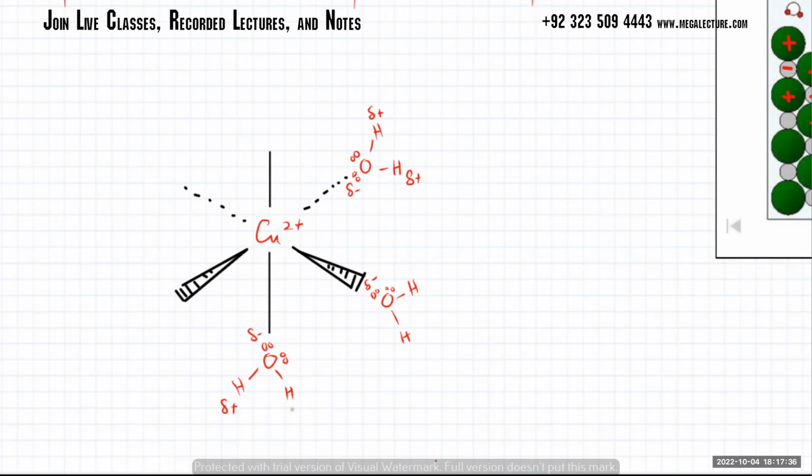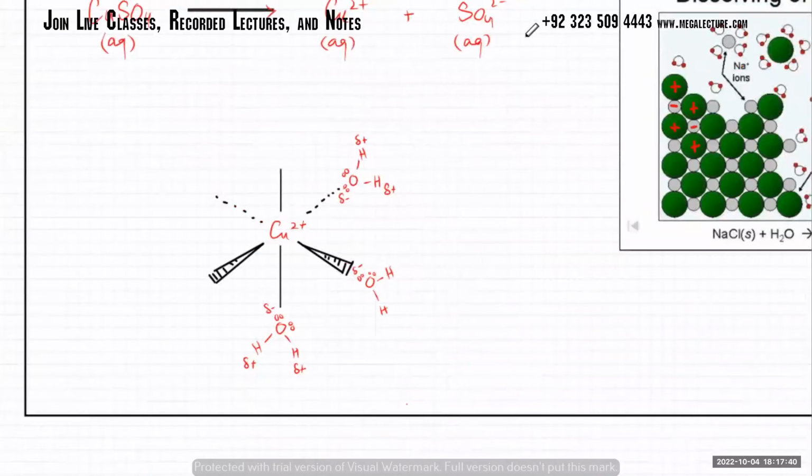The 6 sides? Yes, sir. Let's say I am surrounded by water molecules, right? There's going to be a water molecule on the top, one at my bottom, one on the right side, one on the left side. 6 molecules can join in.